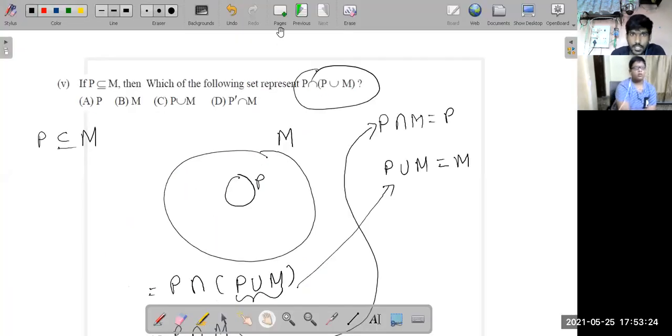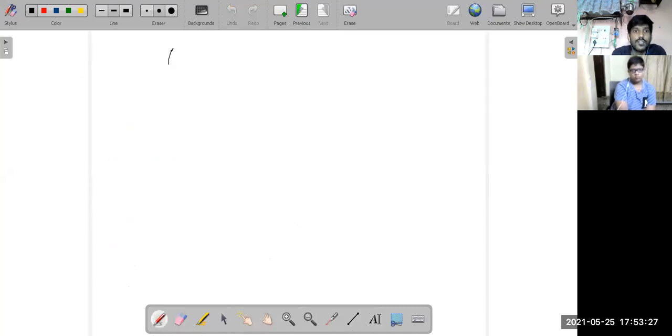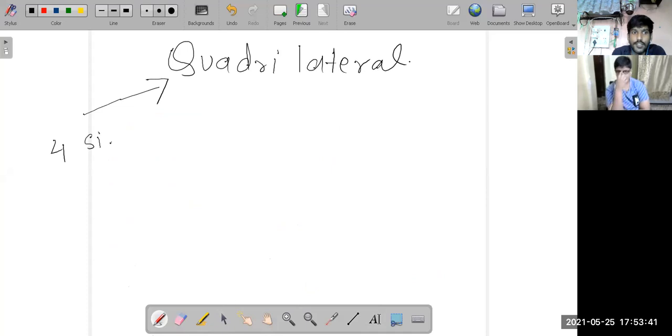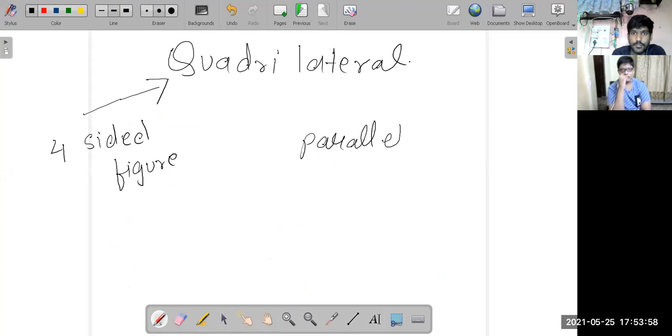Okay, but before that, I think you should know one thing. First is quadrilateral. Quadrilateral, and you know, quadrilateral is a 4-sided figure. Any figure having 4 sides is called a quadrilateral. Then is parallelogram. You should know what is a parallelogram.